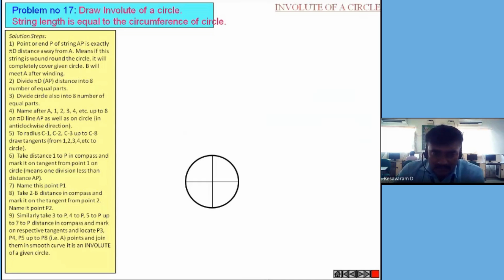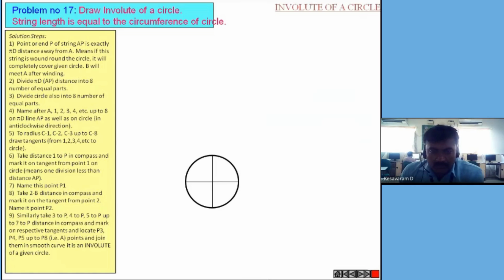If you have a mini drafter, you can easily divide a circle into 8, 4, 6, or any equal number of divisions within a minute. That is the advantage of the mini drafter.